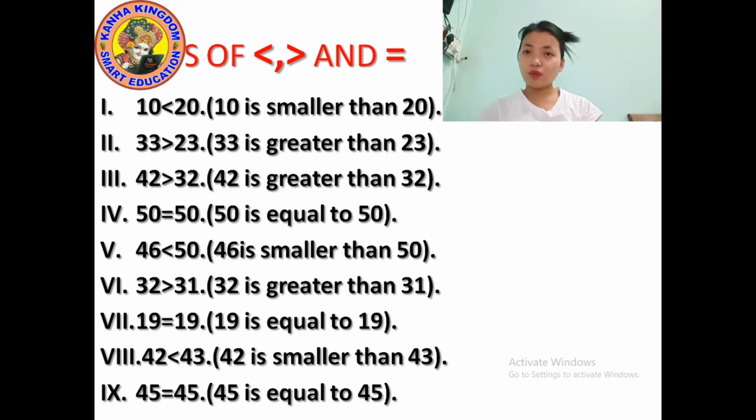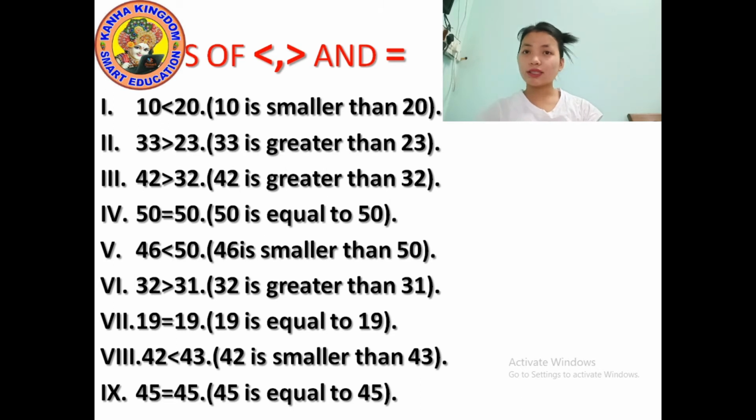Now let's move to the fifth sentence, that is 46 is smaller than 50. 46 is smaller than 50. See the symbol of smaller than. And let's move to the sixth sentence, that is 32 is greater than 31.